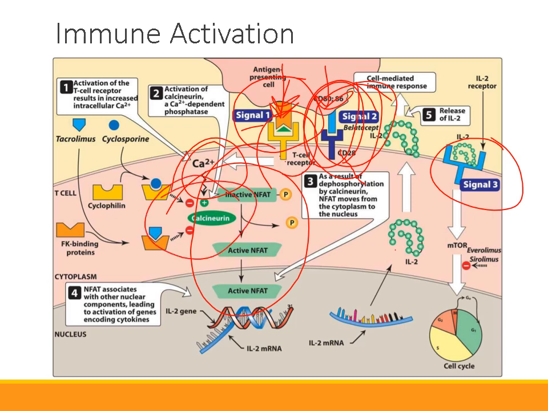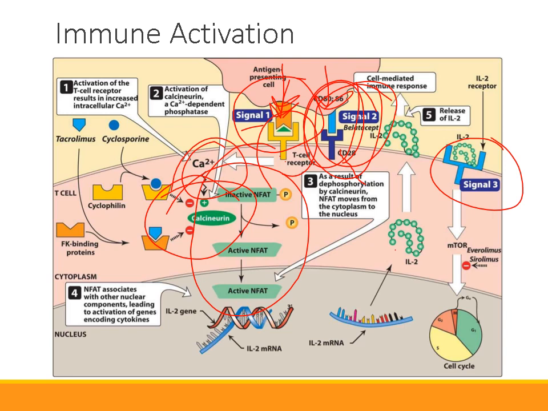Calcineurin is an enzyme that activates something called NFAT. NFAT then enters into the nucleus, and that activates the genes for various different cytokines, right?